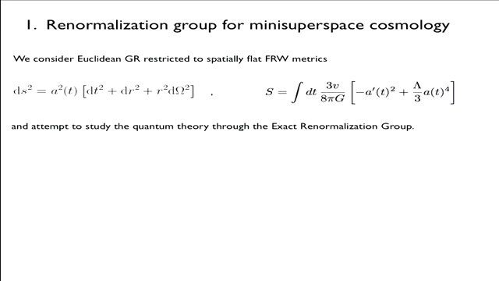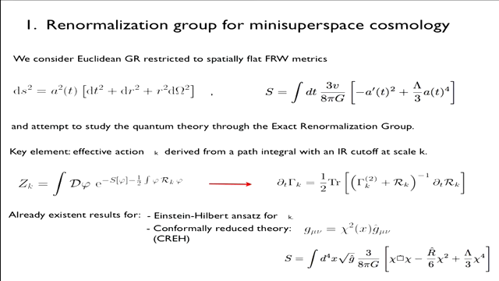And we want to study the quantum theory through the tools of the exact renormalization group, the same tools that are used in the asymptotic safety research for quantum gravity. This is the line of research that we've heard before today from Daniel and maybe from others. So the basic idea is to introduce a mode cutoff, like an IR cutoff function R_k, and the partition function is in general for a scalar field, but the same thing holds for gravity.